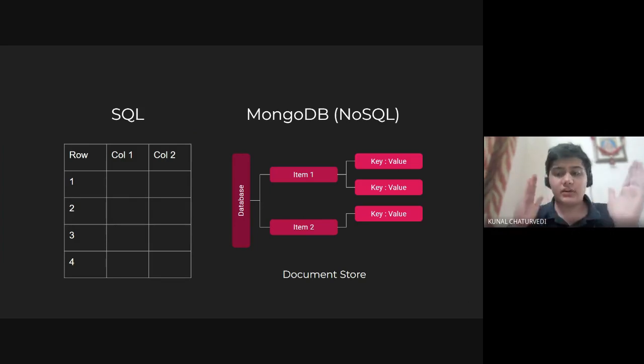So it is sort of like two polar opposites of database structuring, like the architecture of databases. So SQL is something close to what you store as information inside of Excel sheets.